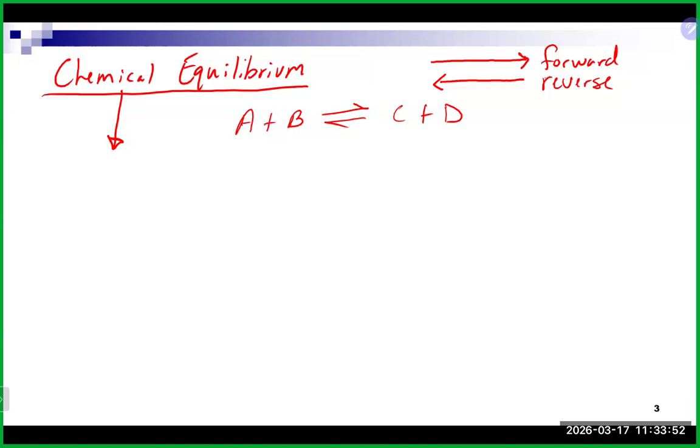When something reaches chemical equilibrium, the rate of the forward direction will eventually equal the rate of the reverse direction. Essentially, just as quickly as you make products, they are going to go back the other way. They're equally going back and forth. It will essentially lock everybody into place in terms of their concentrations.